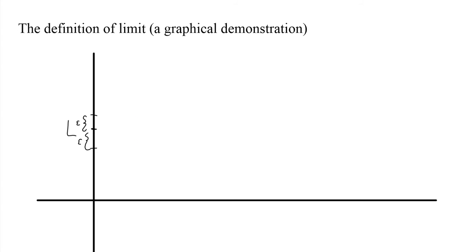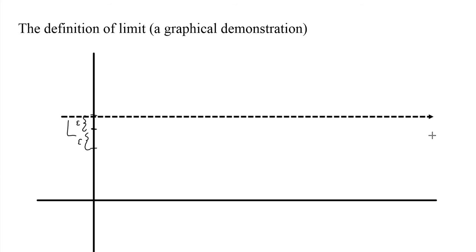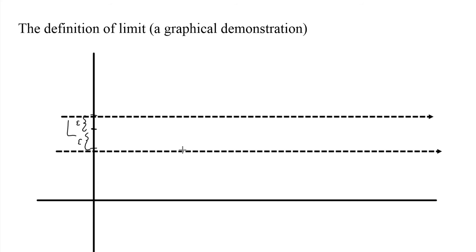So what this essentially is saying is that if I pick some finite gap, some space here for some function f of x, and so let's say, as a for instance, we've got a function that does this, right?